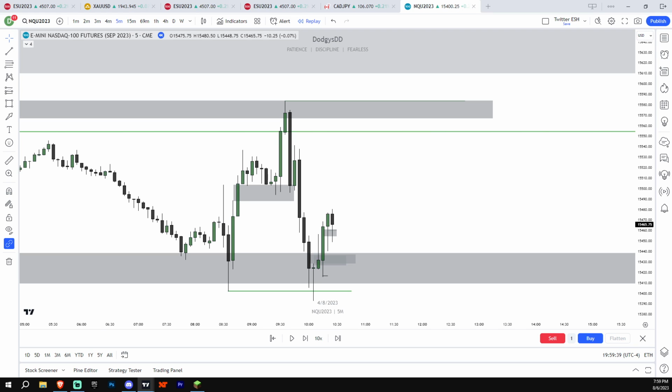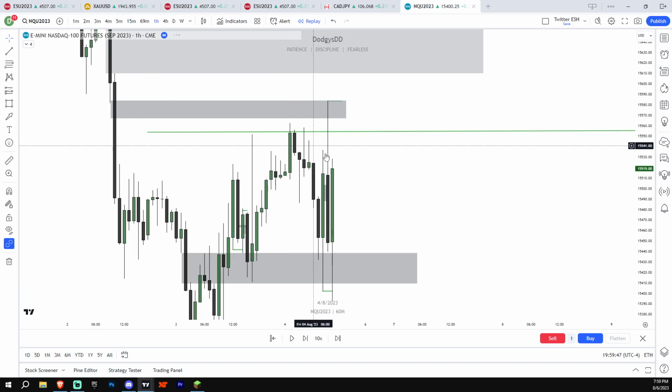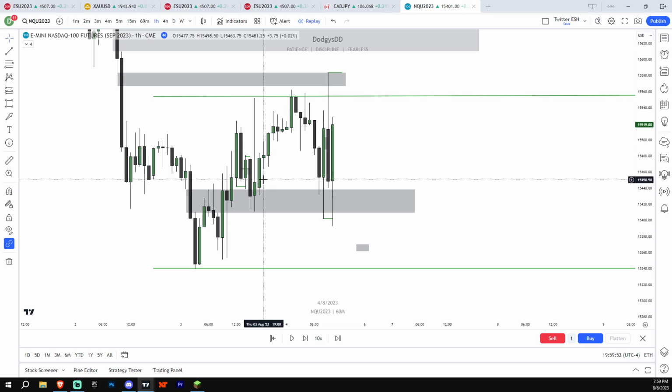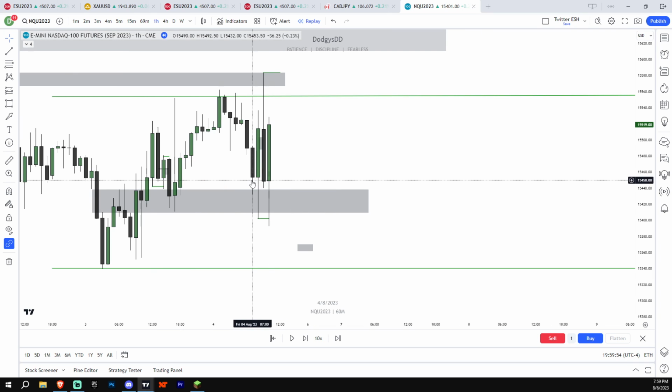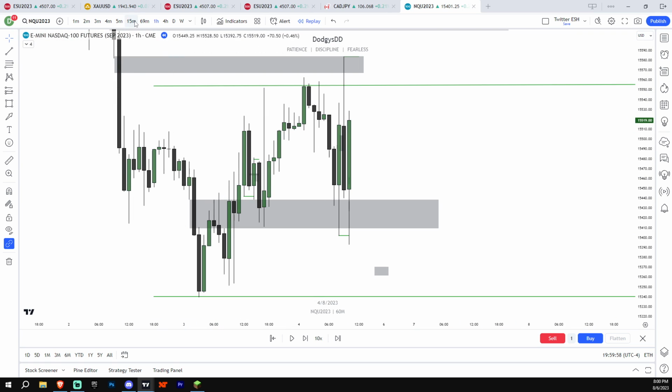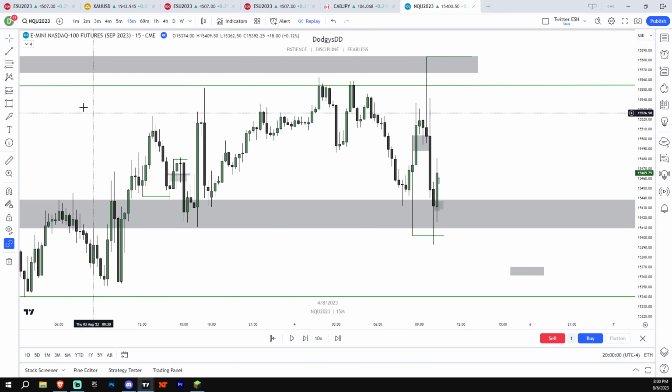On days without a fair value gap, how do you determine the bias? I just go to the lower time frame. There's always going to be a lower one. If there's not a fair value gap in the 1 hour, I guarantee you there's a fair value gap on like the 15 minute or 5 minute. And you can use that for the bias. Like if I go to the 15 minute, there's plenty of fair value gaps.